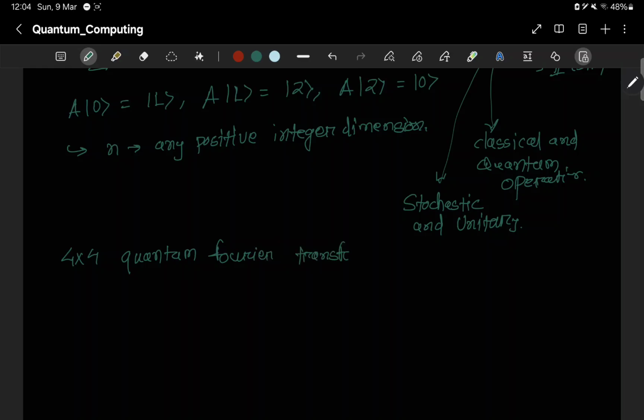This is a very important matrix, and it can be defined for any positive integer dimension. For 4x4 it looks as follows: 1 1 1 1, 1 i minus 1 minus i, 1 minus 1 1 minus 1, 1 minus i minus 1 i. It's a very important transformation in most quantum algorithms.